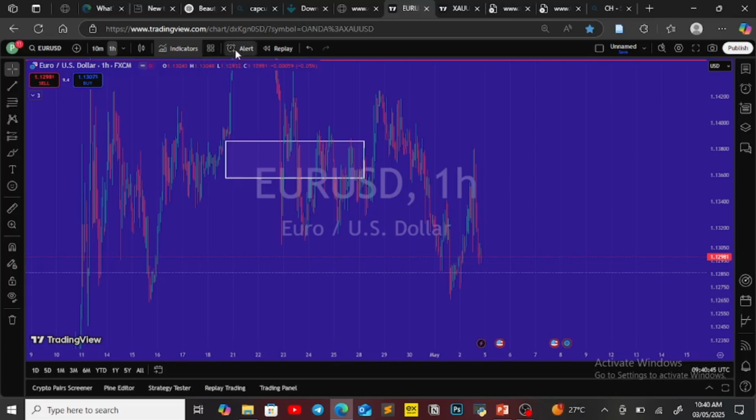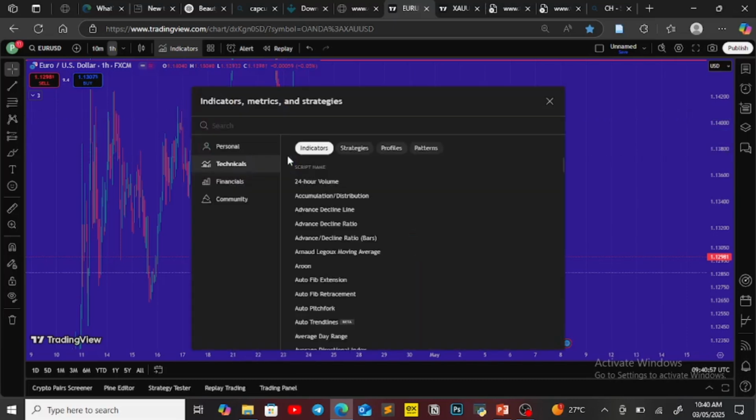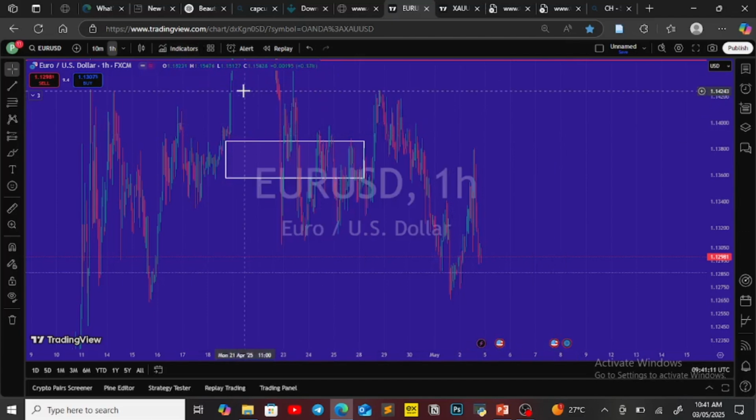You can see different indicators now: the auto fib extension, accumulation and distribution, and so on. We have hundreds of indicators like that.